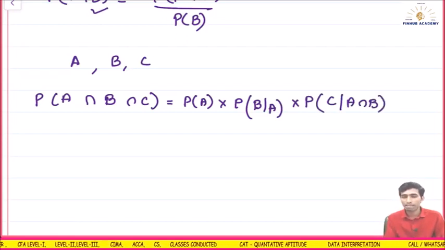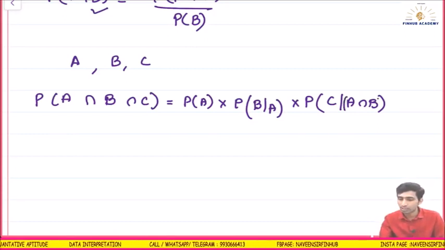See this, I want A intersection B intersection C. In case I have not seen it in the paper, but probability of A into probability of B given that A, into probability of C given that A intersection B. Understood? A intersection B means this is in the denominator.